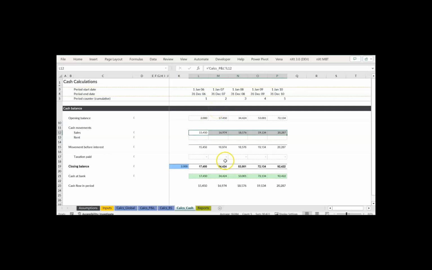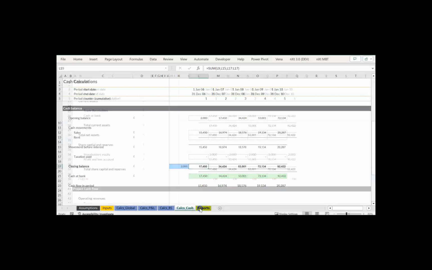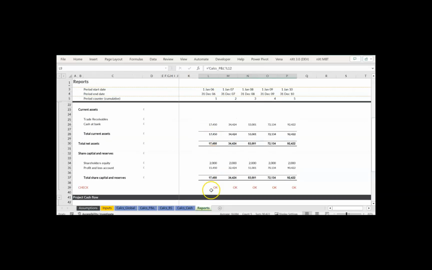You can therefore see in the closing balance we have increased our closing balance of cash by 15,450, giving us a closing balance of 17,450. As we have already linked our cash at bank balance to the balance sheet, you can see that our checks are now okay and the balance sheet balances once again.